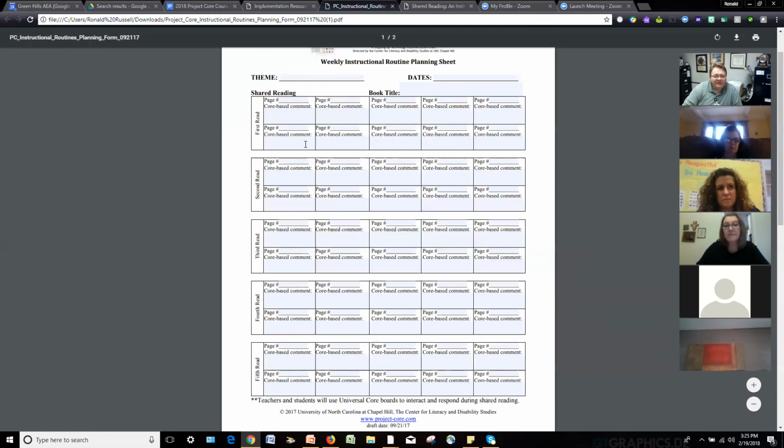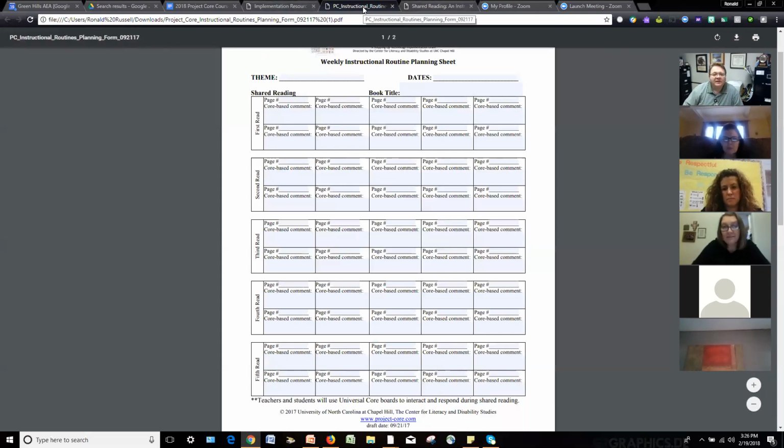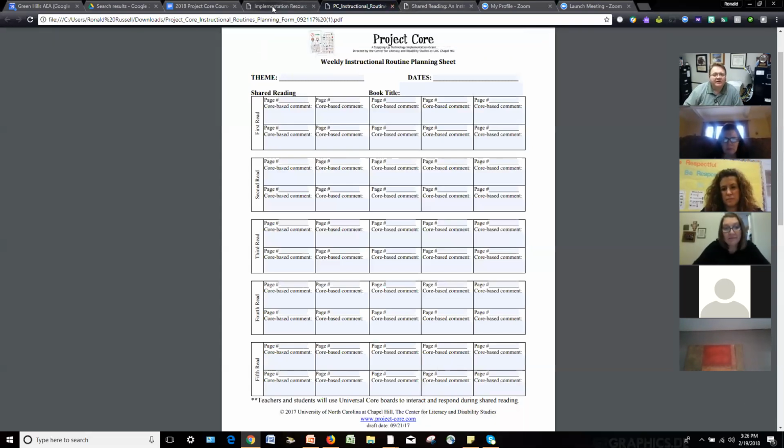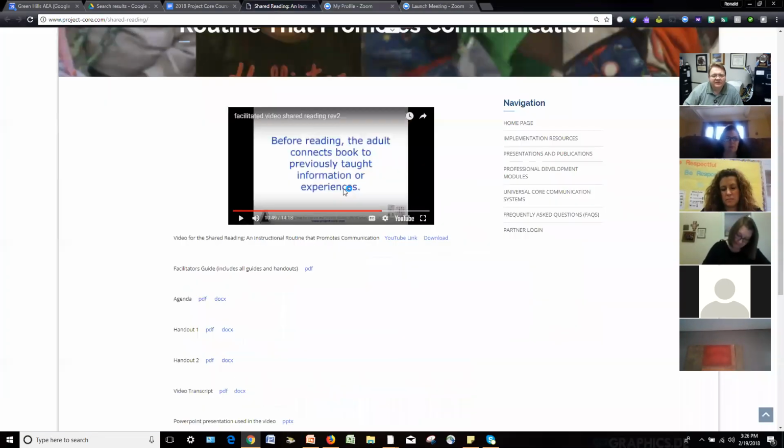Page number and core-based comments, and you can see this is set up as a first, second, third, fourth, and fifth read. The first thing is that's reminding you that the recommended approach is that you're not just going to read a book one time with a student, but over multiple times, and it's an opportunity to think about some planned comments that you would use with that student on the different pages. So this is just a tool that could be used. I wanted to remind you that it is there. Close that out, and let's keep on going with our video.